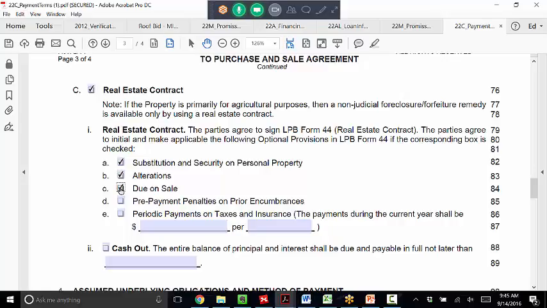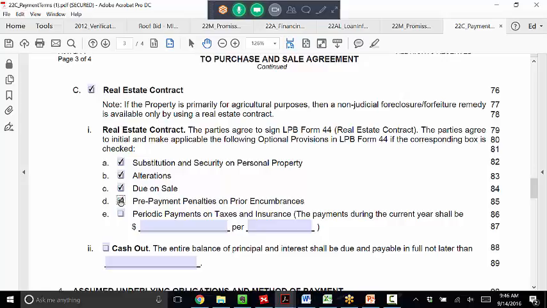Due on sale, just like with the provision above, we're saying, okay, I'm agreeing to be Linda's lender in this example, but I don't want her to sell it to somebody else and offer to be their lender, right? Because I didn't know them, and I'm not willing to lend them money. I like Linda, and I'm going to lend her money. That's it. So if she sells it, then I can accelerate the term of the contract.